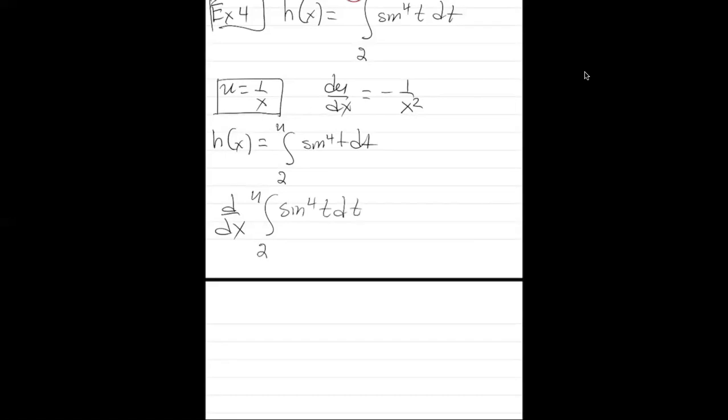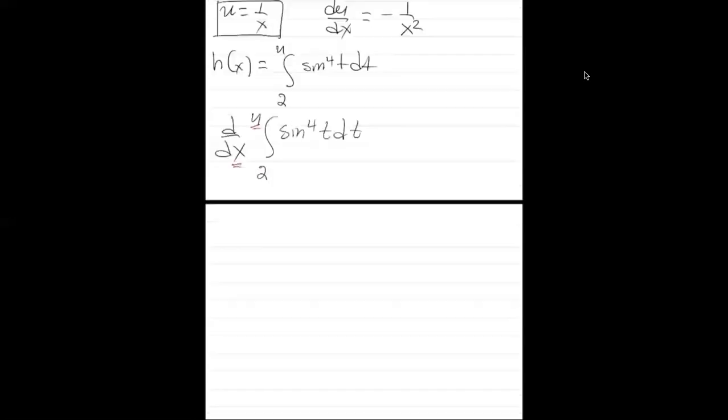We have a problem because it's x here and u here. These two have to be the same variable. So we're going to use the fact that d dx is d du times du dx. We separate those and put here d du of the integral from 2 to u of sine to the fourth t dt.